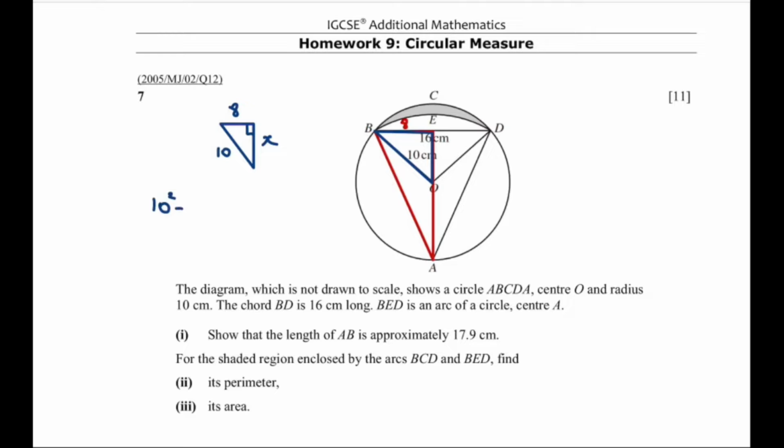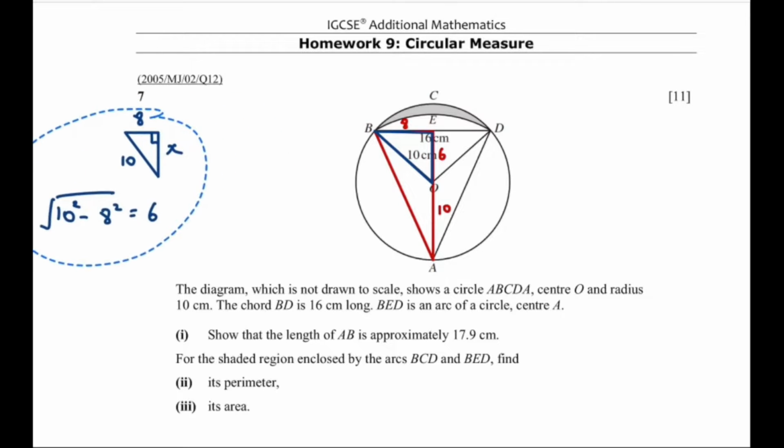The square root of 10 squared minus 8 squared, the answer will be 6. So the dimension here will be 6, EO will be 6, and since OA is a radius, OA is the same as OB, 10 cm.